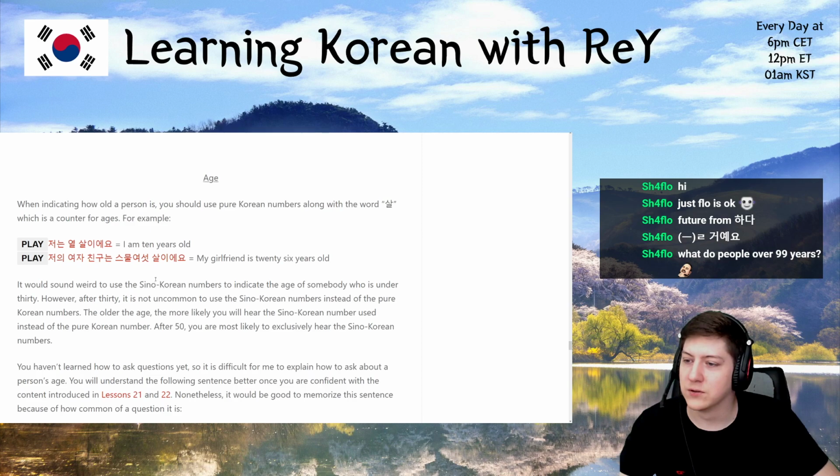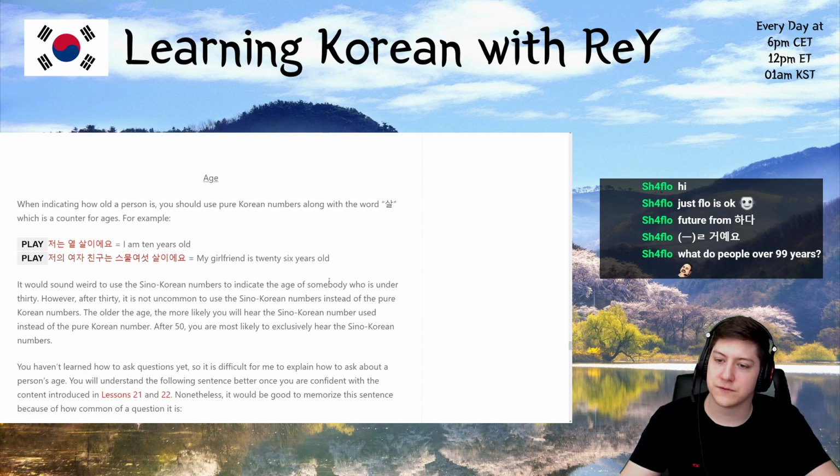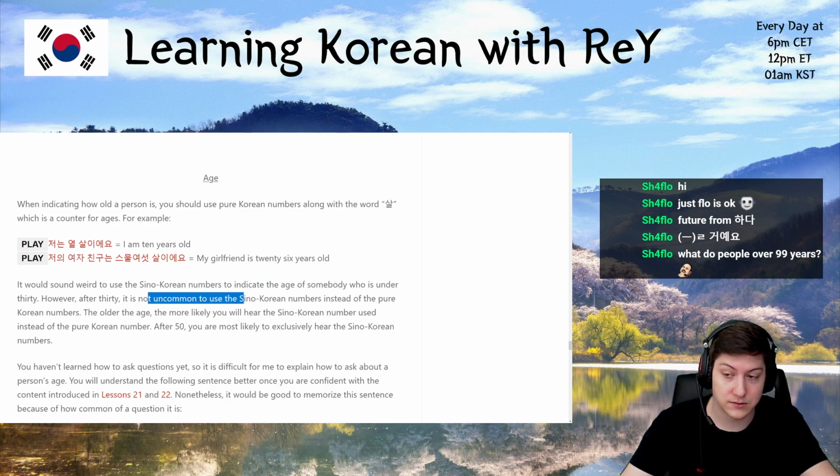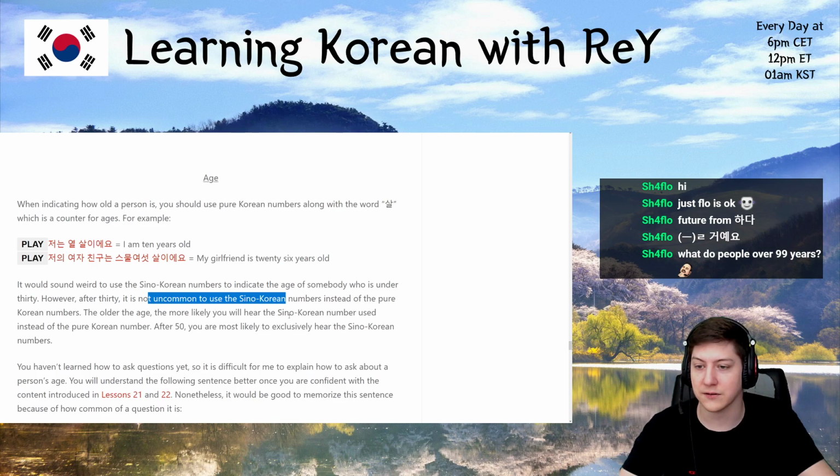It would sound weird to use Sino-Korean numbers to indicate the age of somebody who is under 30. Okay, here we have some information about this case, maybe. However, after 30, it is not uncommon to use the Sino-Korean numbers. Okay, so there you have your answer, basically. Instead of pure Korean numbers. The older the age, the more likely you hear the Sino-Korean numbers.